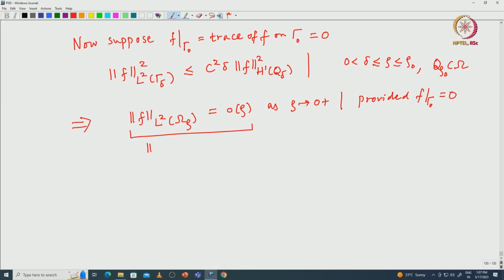So, this means the L2 norm of f, divided by rho, so that is important, also tends to 0 as rho tends to 0. I have skipped many steps here, but I am just providing the idea.